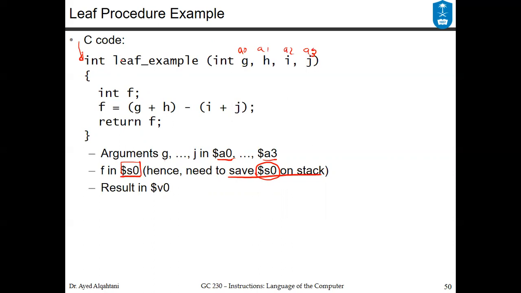So when you go to the leaf example, you push it in the stack, do the procedure, and in the procedure we used S0, so we must have changed it. And just before we return, we pop it, so you have the same value of S0 as just before you called it in the main function.